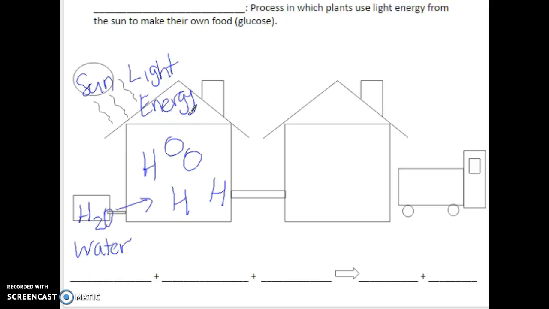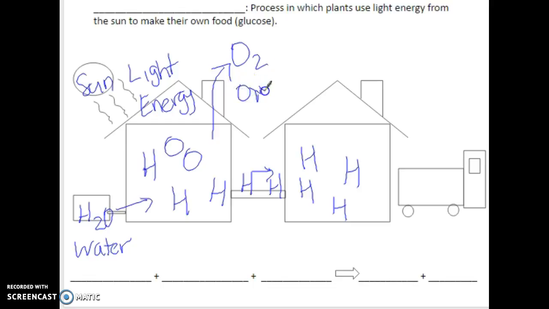When we're doing that, we really want those hydrogens. That's the focus. We want to ship those hydrogens over to the second factory. So we're just going to put them on the conveyor belt and move them all over. Now we have extra oxygens in that first factory that we need to get rid of. So the plant is just going to release that as O2, oxygen gas.